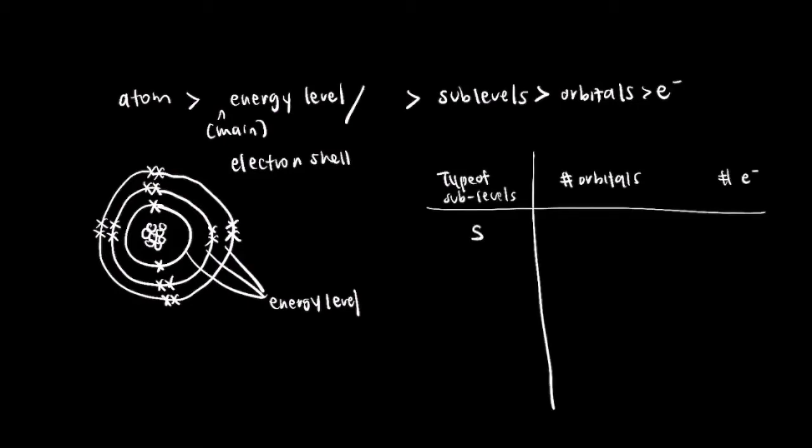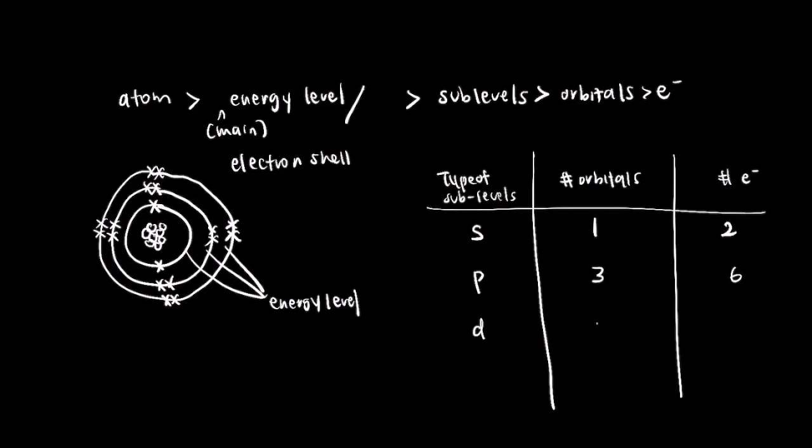So first we have S, and S sublevels hold 1 orbital, and each orbital can hold only 2 electrons. So the S sublevel can hold 2 electrons. The P sublevel can hold 3 orbitals, and as such can hold 6 electrons.